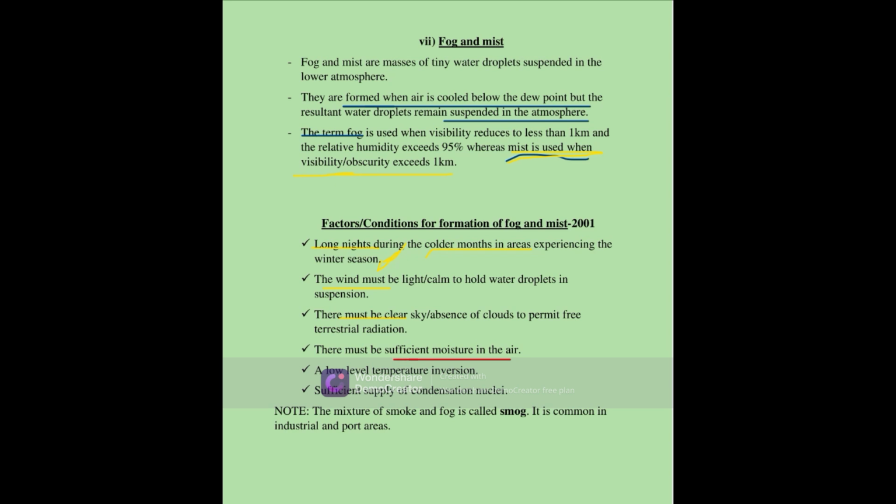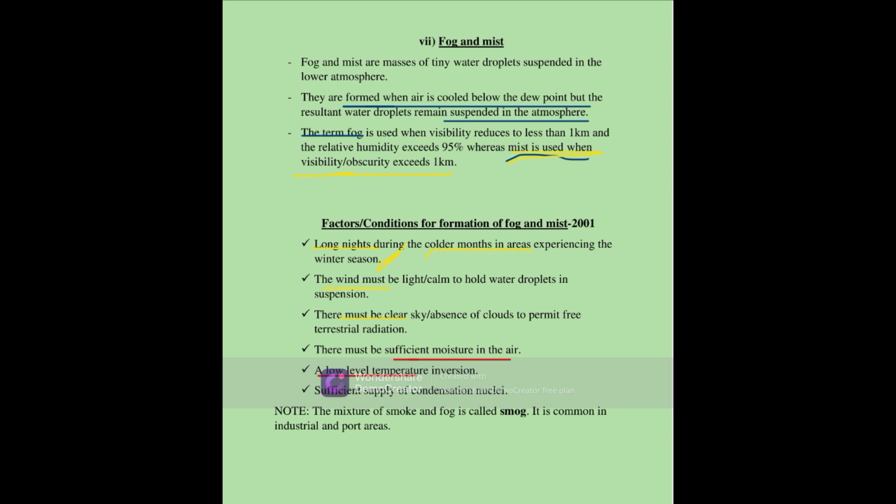And the temperature inversion should be at low level. That is also another factor. And lastly, there should be a sufficient supply of condensation nuclei. Condensation nuclei we talked about to be the hygroscopic particles like smoke, dust, etc.